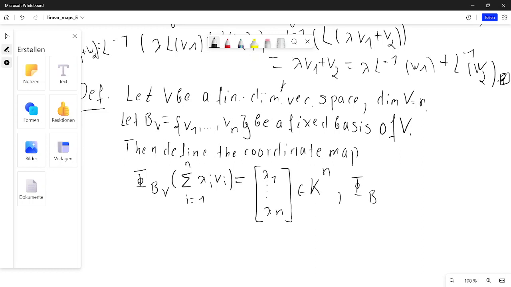All vector spaces in our case are K vector spaces, so I don't have to write it down, but let me write it down. And that goes from our vector space V to that space K^n.